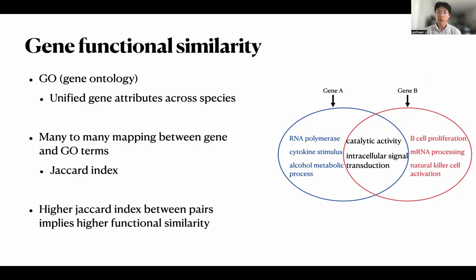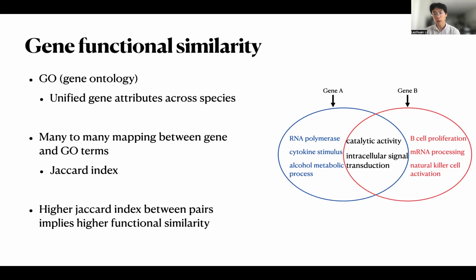Since genes and Gene Ontology terms have a many-to-many mapping relationship, in the right example here, we can see one gene can be annotated to more than one GO term. So we use a Jaccard index, which is intersection divided by union, to determine how similar two genes are. So a higher Jaccard index between a gene pair implies higher functional similarity.